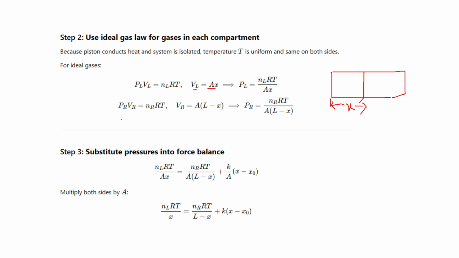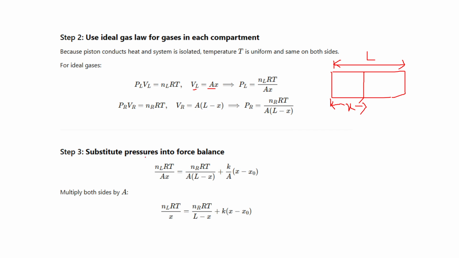Similarly, on the right side, the total length is L, so the volume of the right side will be A into (L minus X). So the pressure on the right side is the number of moles into R into T divided by A into (L minus X).